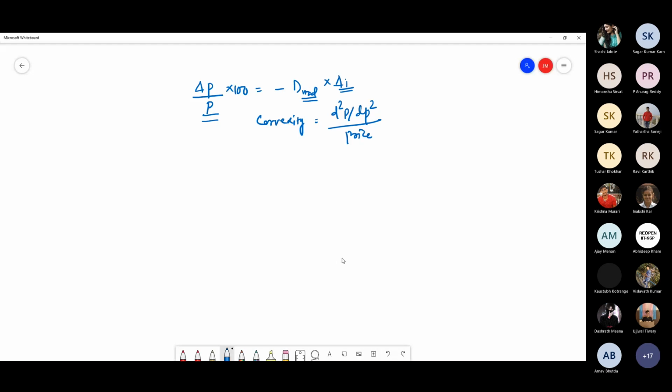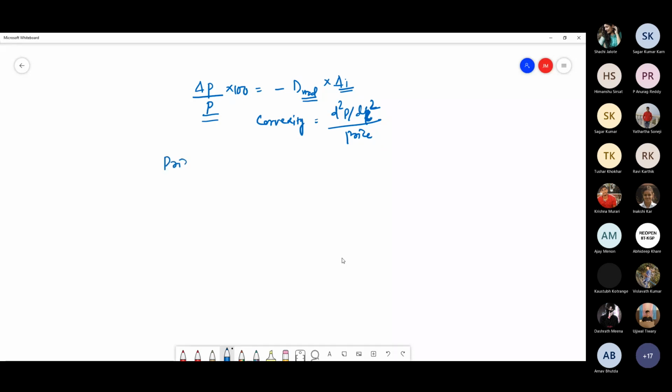It is the second order derivative of the price change that we have discussed. Now we also have to understand how the price change of that particular bond can happen if you have the convexity data.